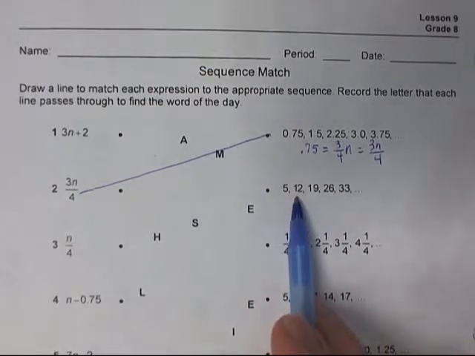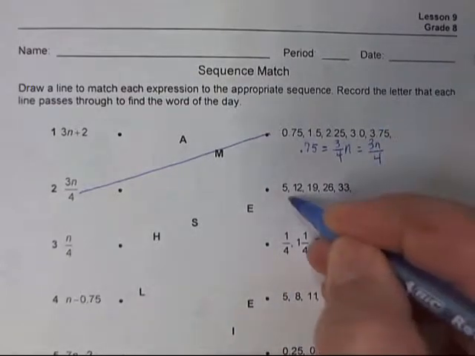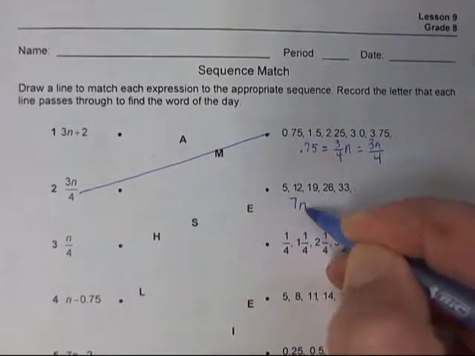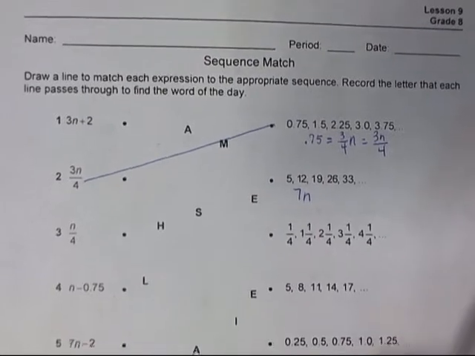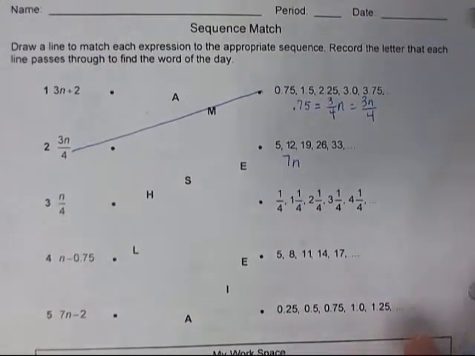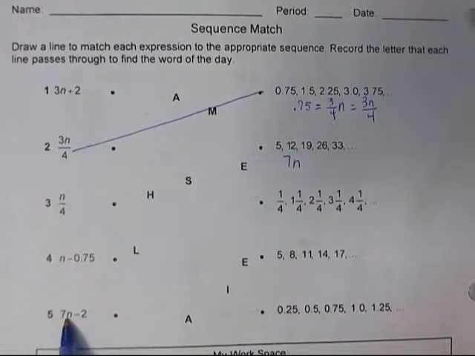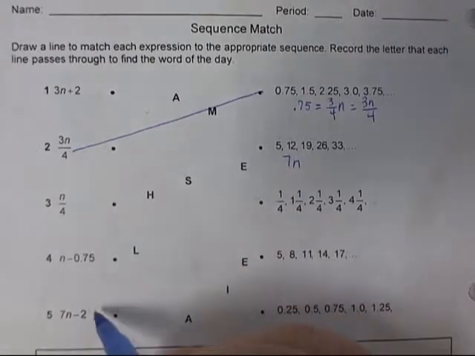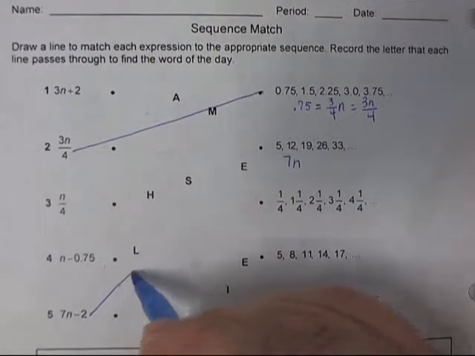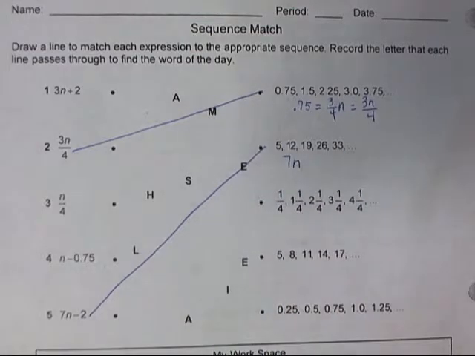Let's see. The next sequence of numbers, the pattern is plus 7. So we have 7n. And it looks like the only answer with 7n in it is going to be this one. So we're going to draw a line there. So now we have ME.